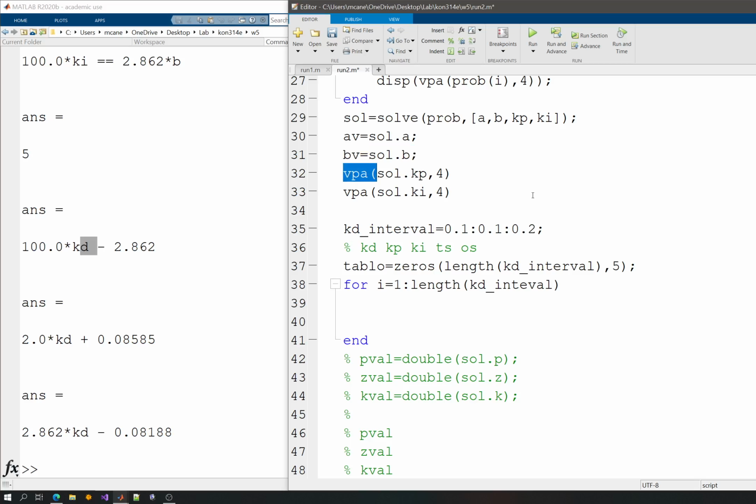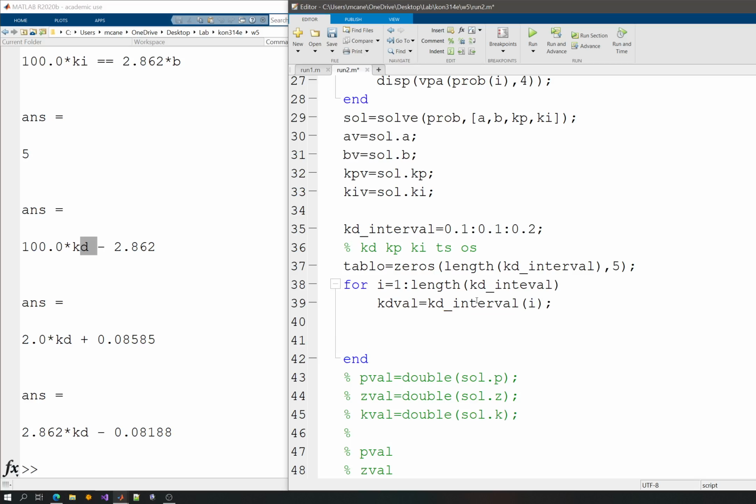So I'm defining some placeholders here, KPV as solve.KP, and KIV equals solve.KI. Now, first of all, the KD value, I will use val for numeric variables, is KD interval, the ith element of this array.